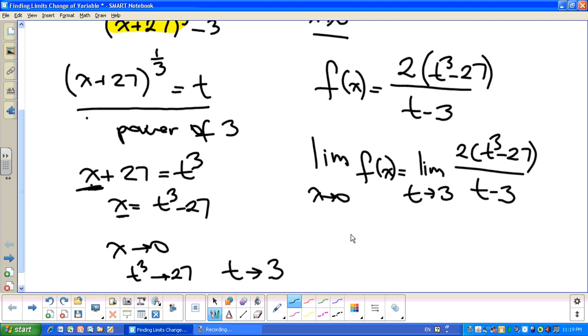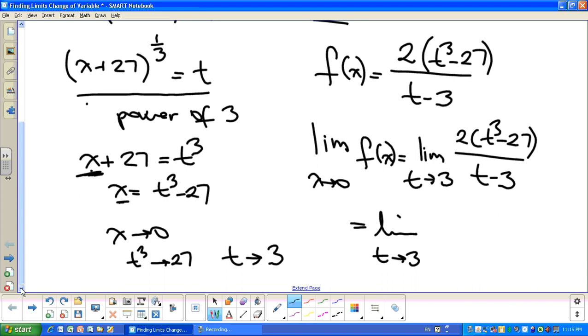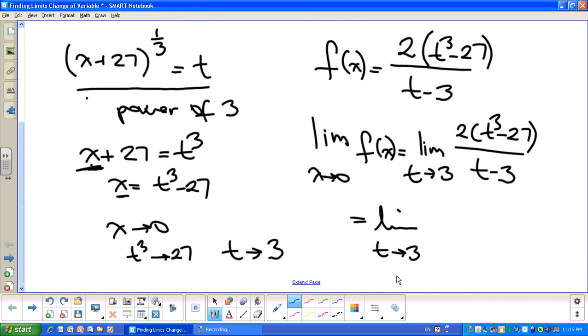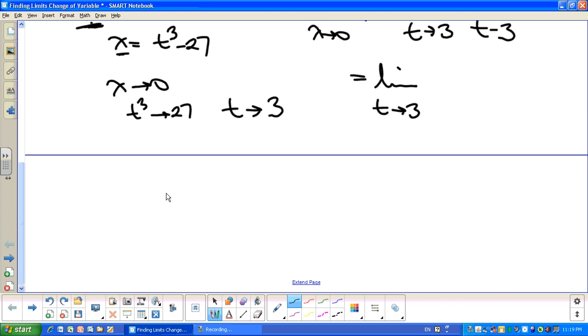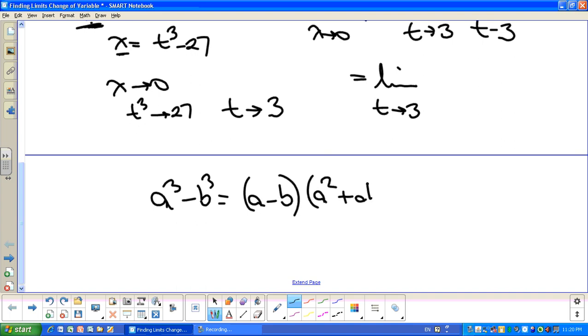So it's going to be limit as t approaches 3 of. Now, for that part, I'm going to use a formula that you know very well, or I hope you know very well: a cubed minus b cubed, a difference of cubes, is a minus b times a squared plus ab plus b squared.